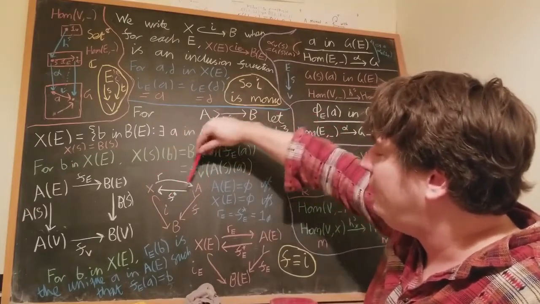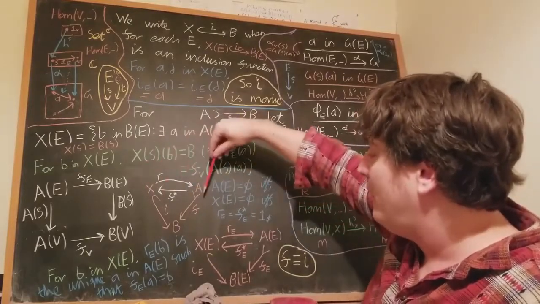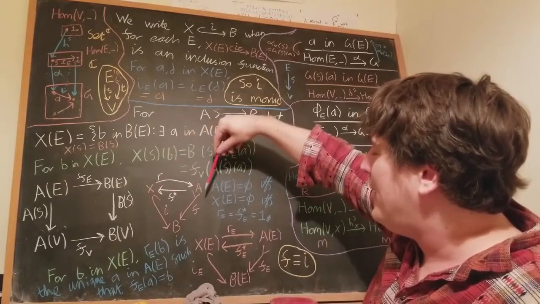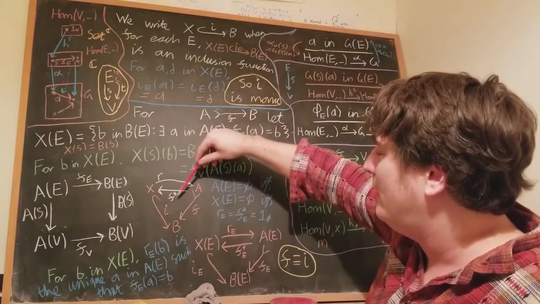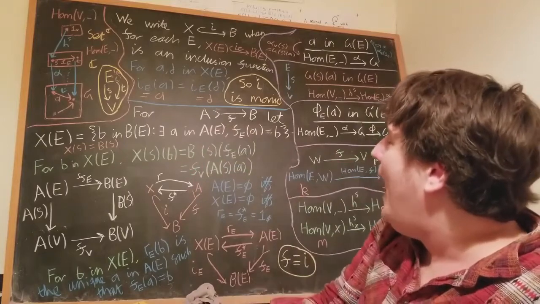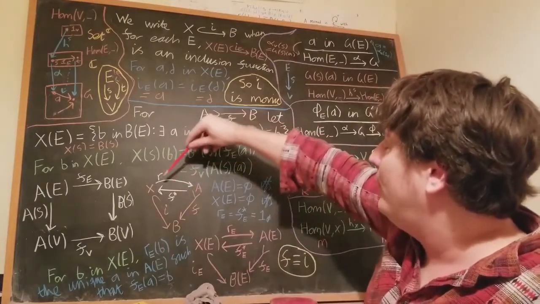There are these arrows back and forth, and the two triangles we get would commute anyway. So we'd have f after r equals I, and I after f star equals f. So this is what we want. But how are we going to do it?